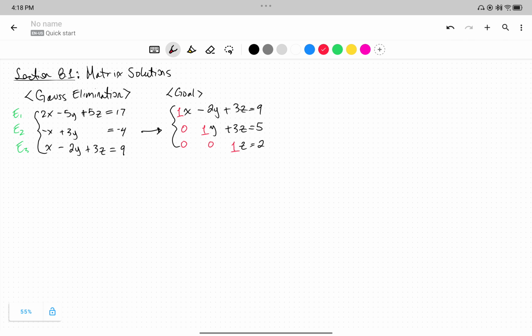After that process, we had one of the answers automatically. It was from the last part, z. But then we still had the other two that were missing. x was missing, y was missing, and to get those two answers, we used a process called back substitution.